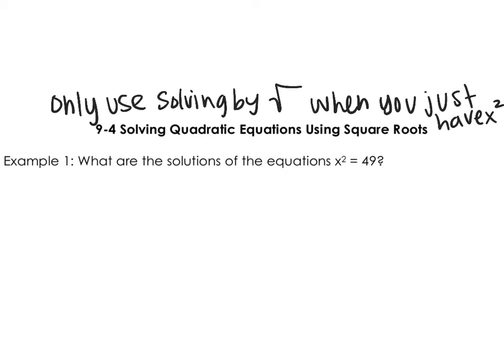If you have anything like a 6x, a 2x, you're in that standard form, you're not going to be able to use this method. So let's start off by looking at this first one.